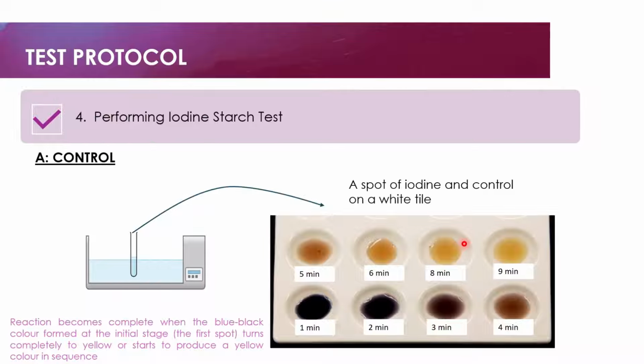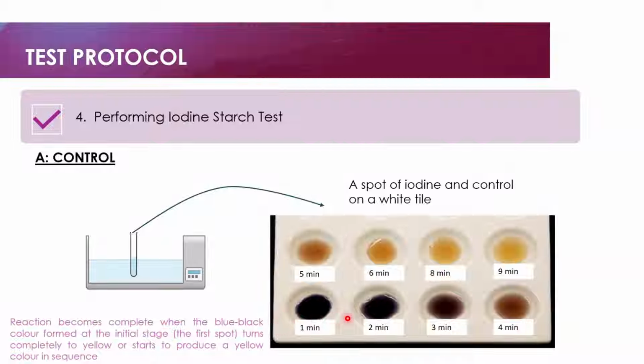The fourth step is performing the iodine starch test. For the control, we do this by spotting a drop of the reaction mixture onto a white tile containing a drop of iodine, and we repeat this every minute until the reaction is complete.